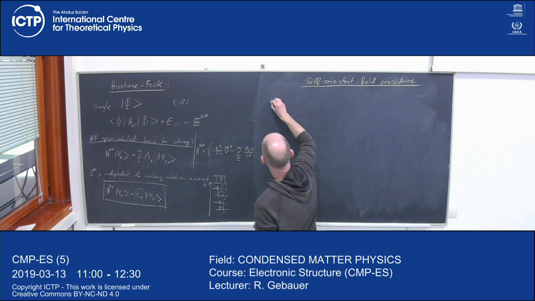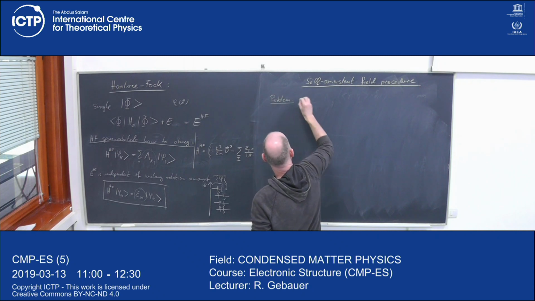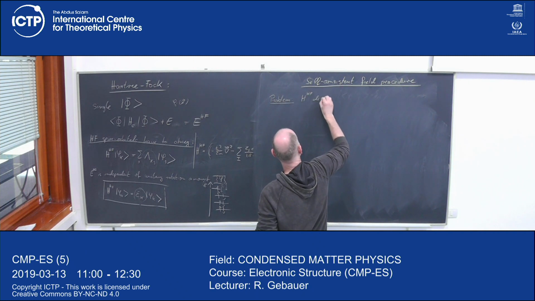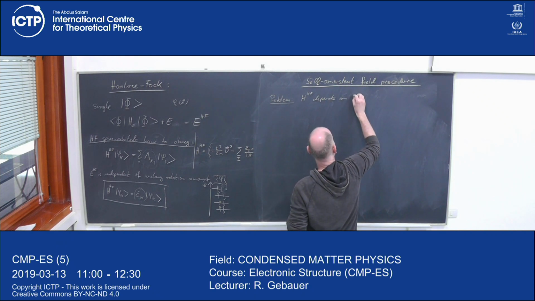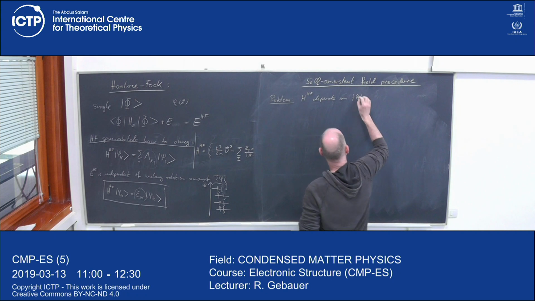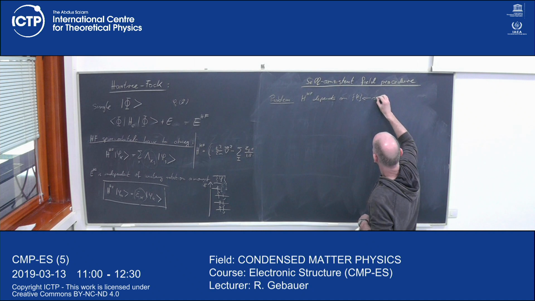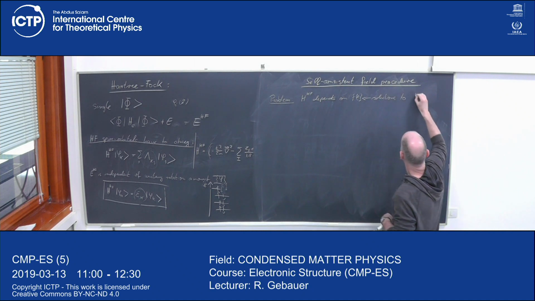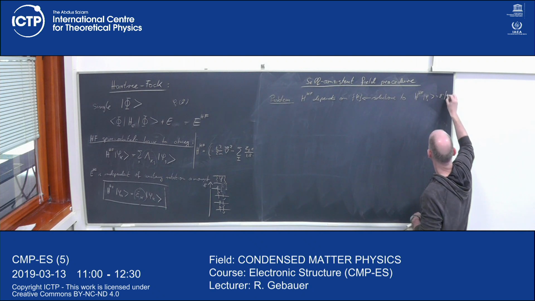Okay, the problem is the Hartree-Fock Hamiltonian depends on the phi I, and these single particle orbitals are the solutions to H Hartree-Fock times phi I is epsilon I phi I.